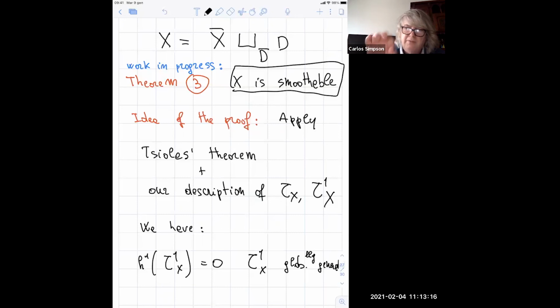If there's a pinch point, maybe that loop becomes trivial, because that extra loop contracts at the pinch point.